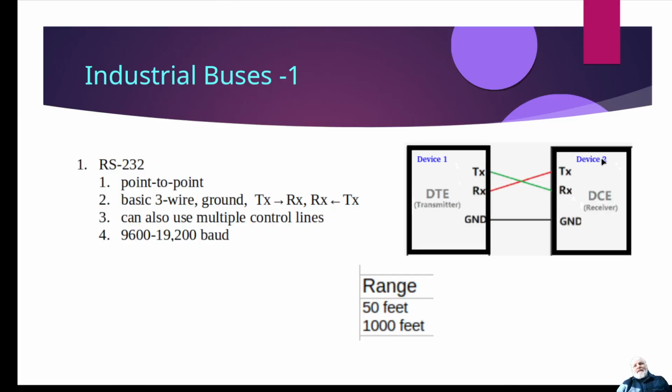And when the other device sends you data, its transmit needs to be connected to your receive. So you need what's called a crossover cable to do this type of wiring. If you're using an actual RS-232 type cable, you need to make sure you have one that does this crossover.